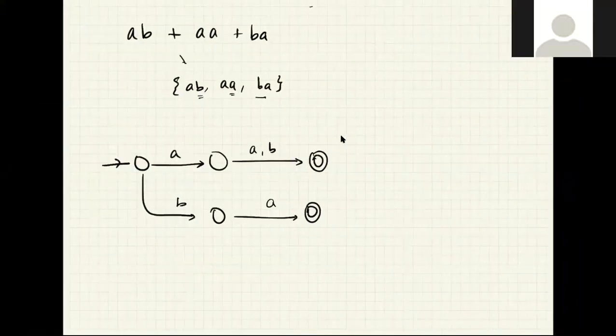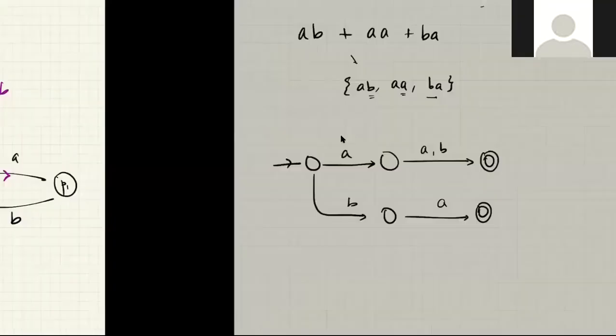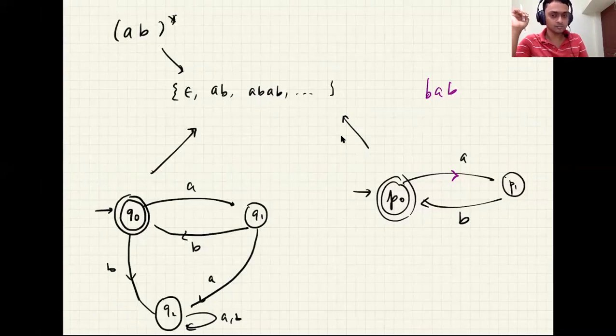Sir, can we go to the previous slide? Yes. Here, if we take care of the rejection rules, then we have to take care of all the rejections that we possibly have. Like in this case, ABB or BAB, whichever things are not included in the set.